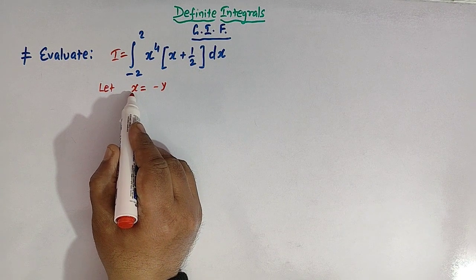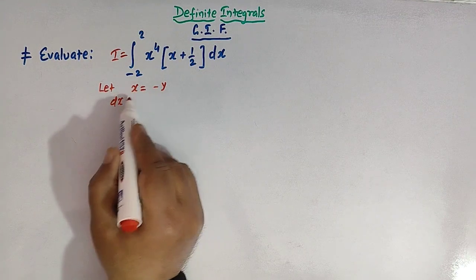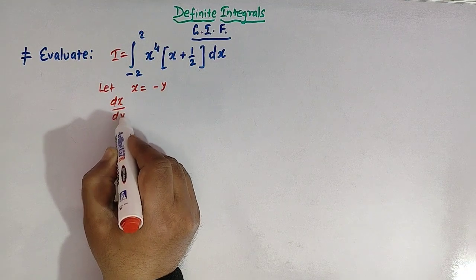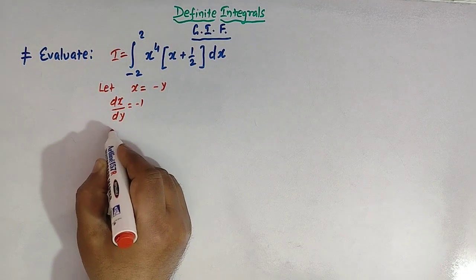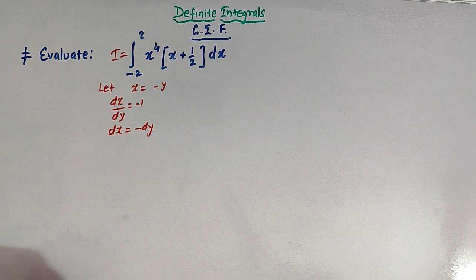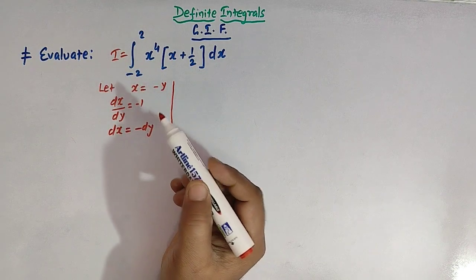So when we differentiate x with respect to y, we get dx over dy is equal to minus 1, so dx is equal to minus dy. Now let us change the limits accordingly.